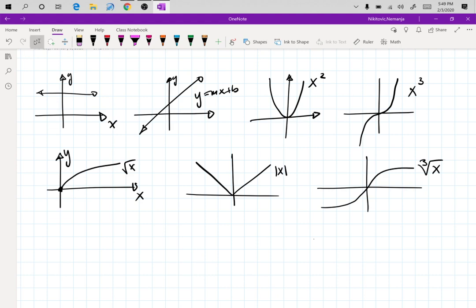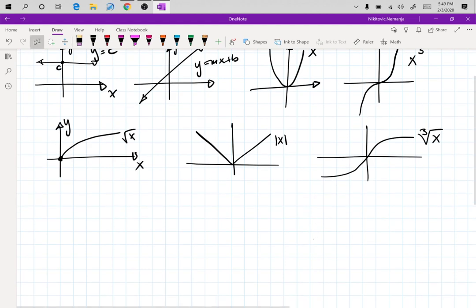So these are the shapes. This is y equals some value c. It goes to c. So these are the basic shapes that I asked you to study. And off of these, I know which one is missing. 1 over x.